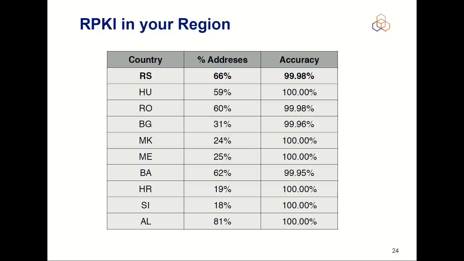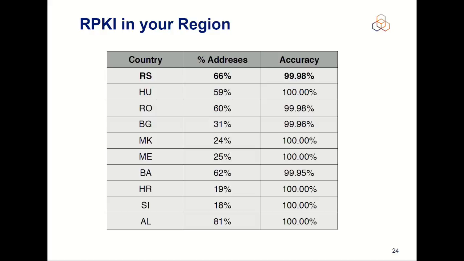And here you have some statistics for the region. So you can see that 66% of the addresses actually in Serbia already have ROAs. So based on RPKI, 66% have created ROAs for their address ranges in the Republic of Serbia.